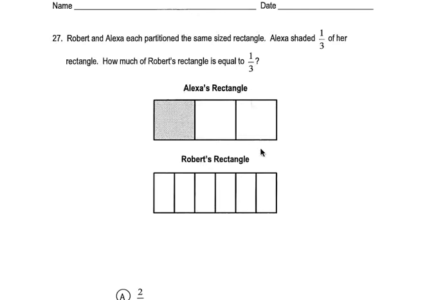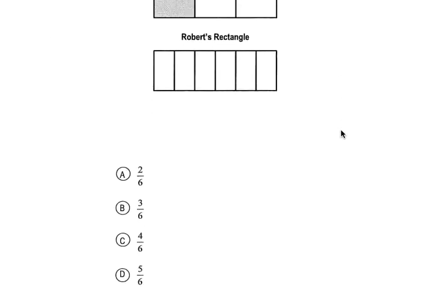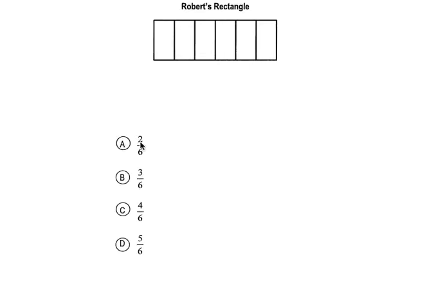Alexa's rectangle, Robert's rectangle. How much of Robert's rectangle is equal to 1/3? A, 2/6. B, 3/6. C, 4/6. D, 5/6.